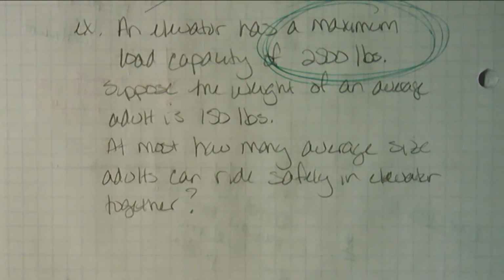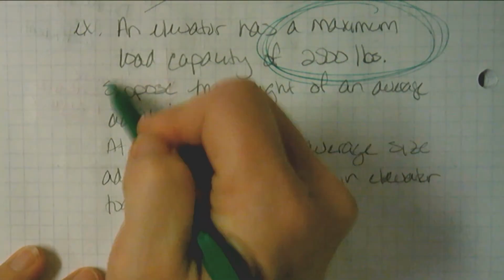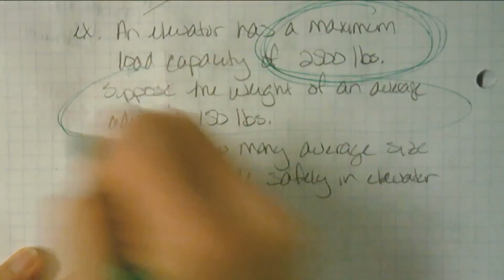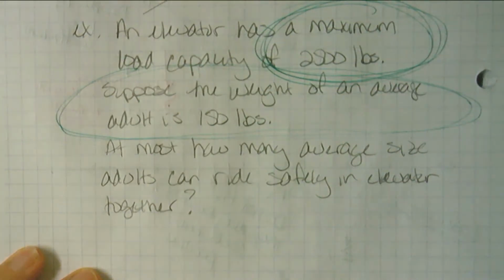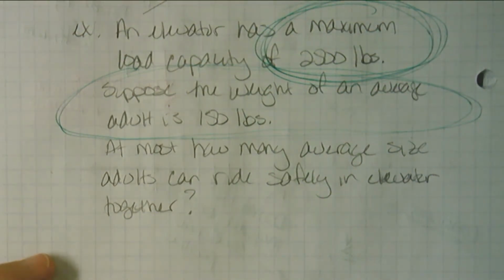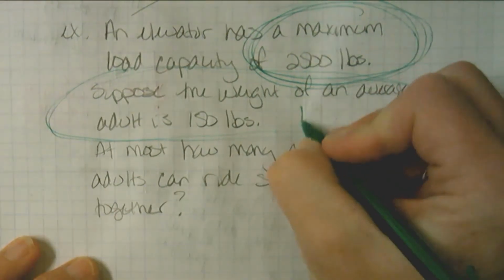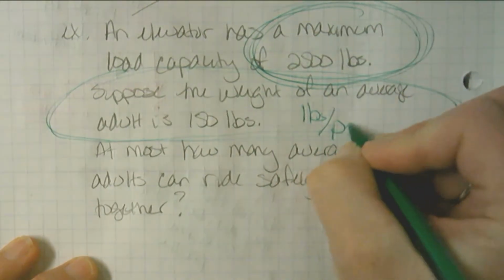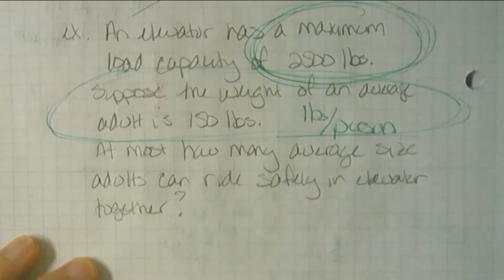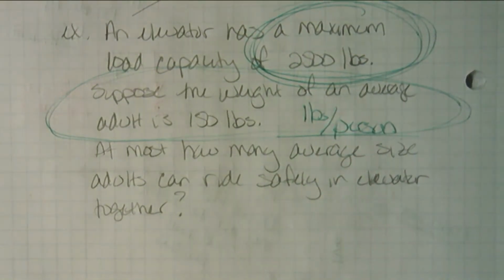Alex? So we need to know this. What is that for us, Alex? Is that a rate? Isn't that a rate, you guys? How many of you guys notice that's a rate? So this is pounds per person, if we wrote that as a rate. Okay, so that helps us. That we know is one of our parts, right?